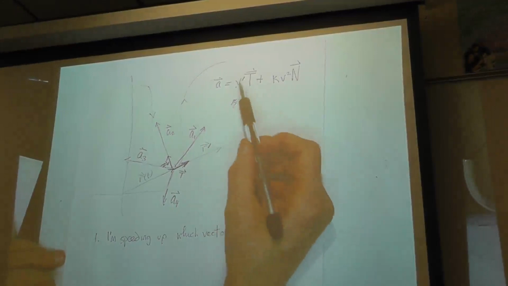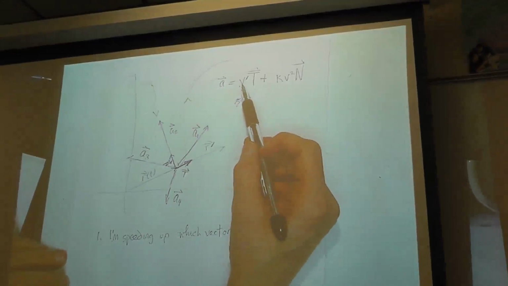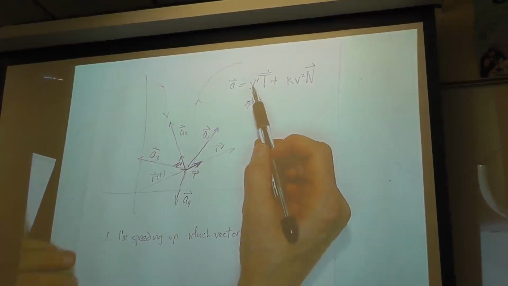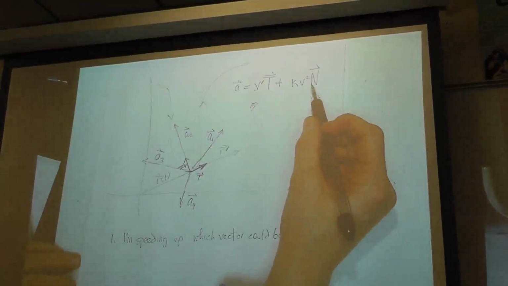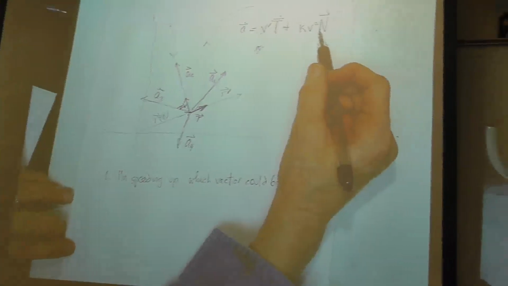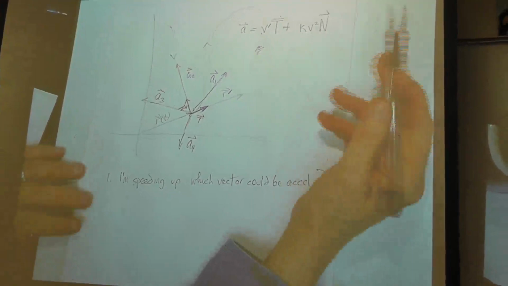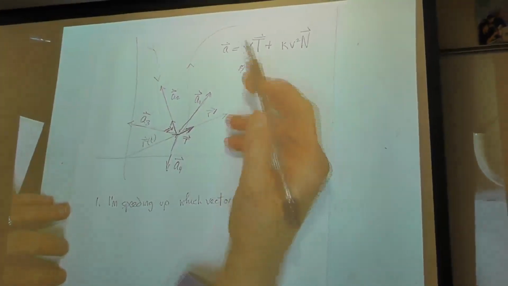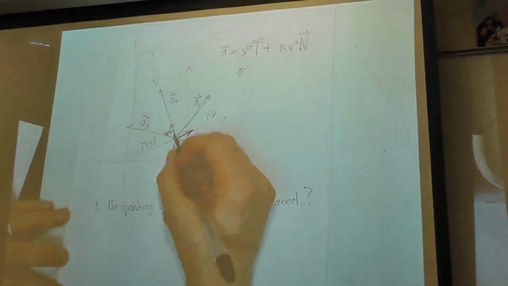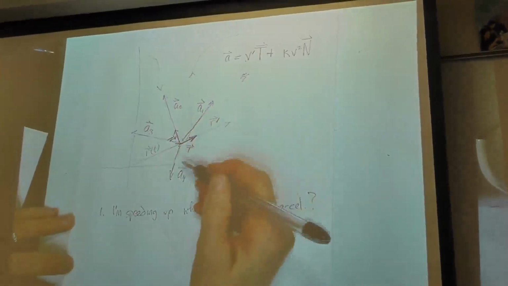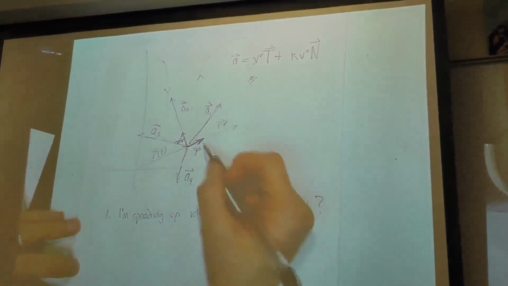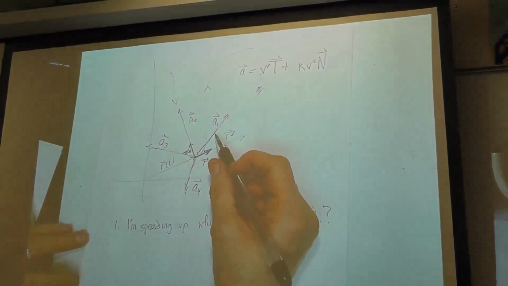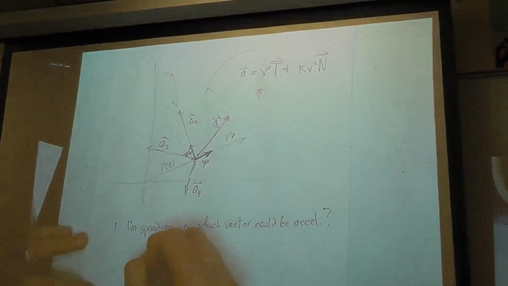If you're speeding up, v prime is positive. The component for N is always positive. But this is positive, and therefore acceleration is going to be generated by taking positive multiples of T and N and adding them together. A1.